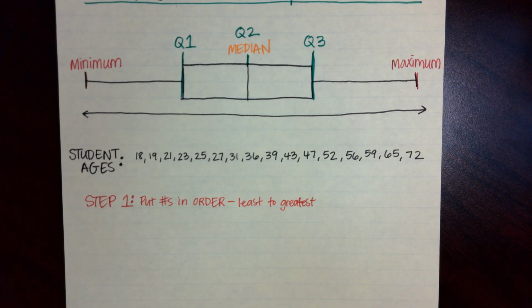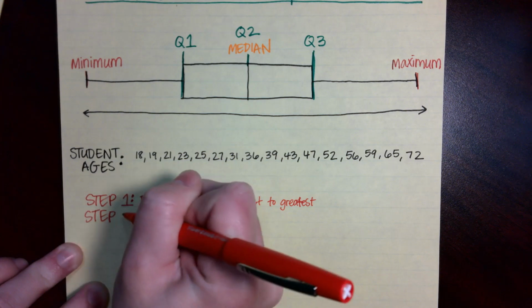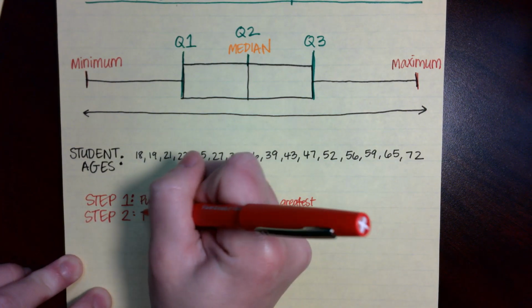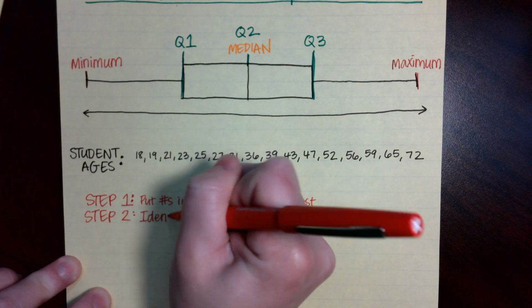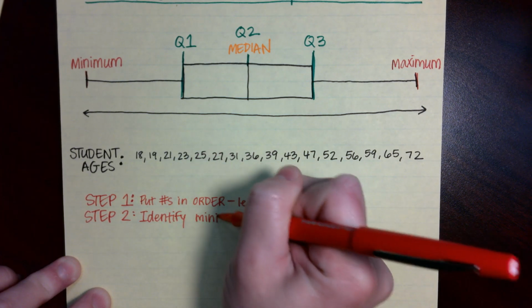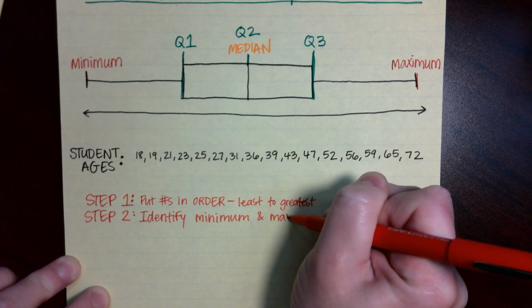We're good there. Now step 2 is going to be to find your minimum and maximum. So step 2, identify minimum and maximum.